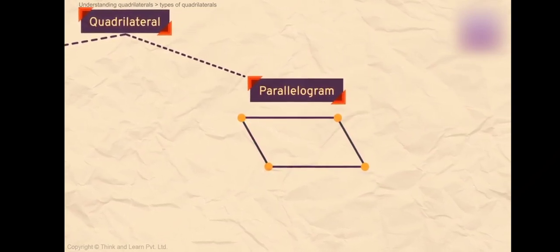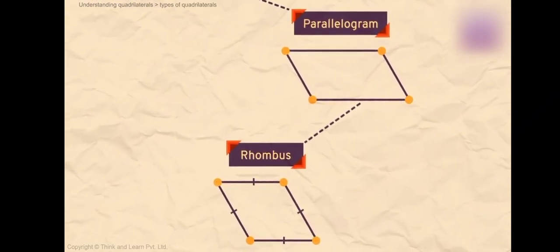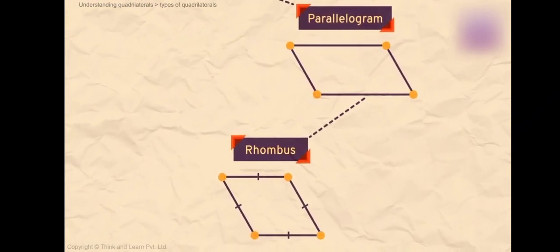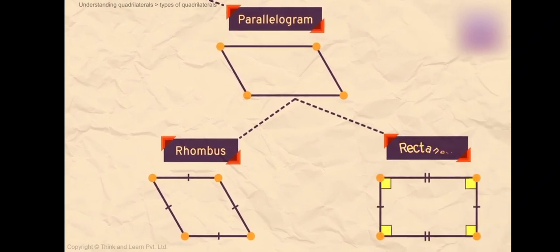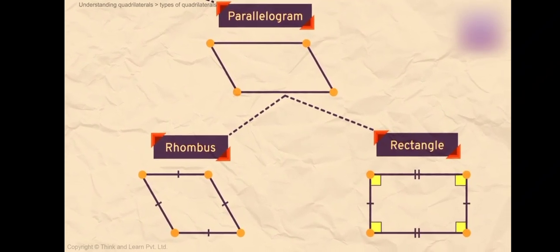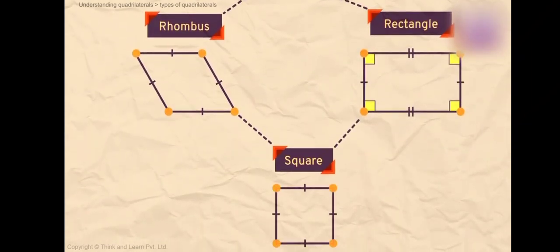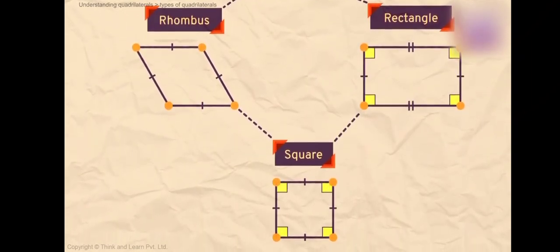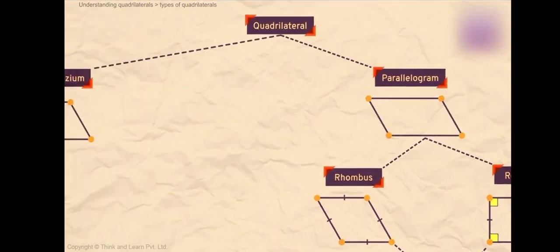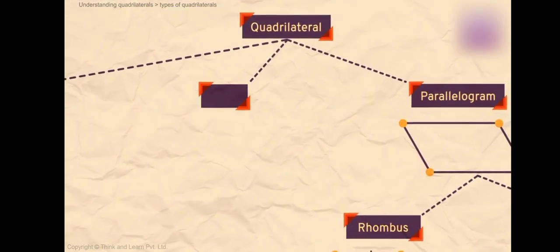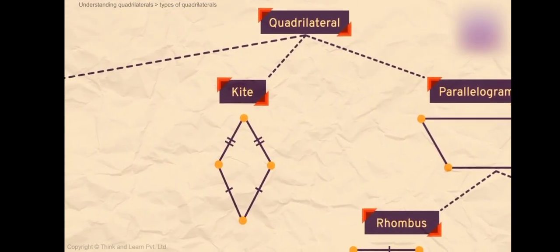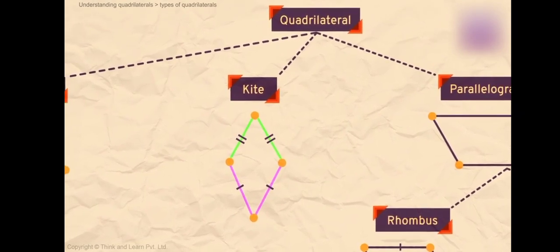Now in parallelograms, if four sides are equal, we get a rhombus. If all the angles are equal to 90, we get a rectangle. Now if it's both together, then we get a square where all four sides are equal and all four angles are equal to 90. And kites are anyway neither trapeziums nor parallelograms. Kites are where adjacent sides are equal and they look like this.